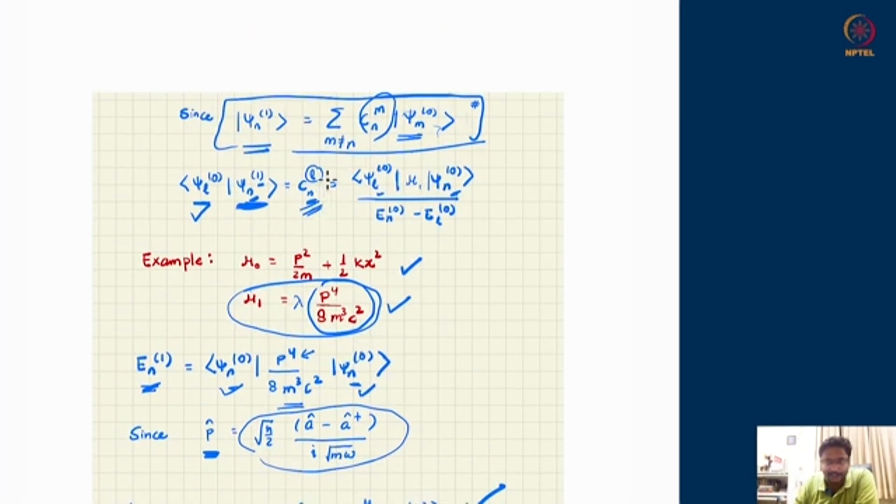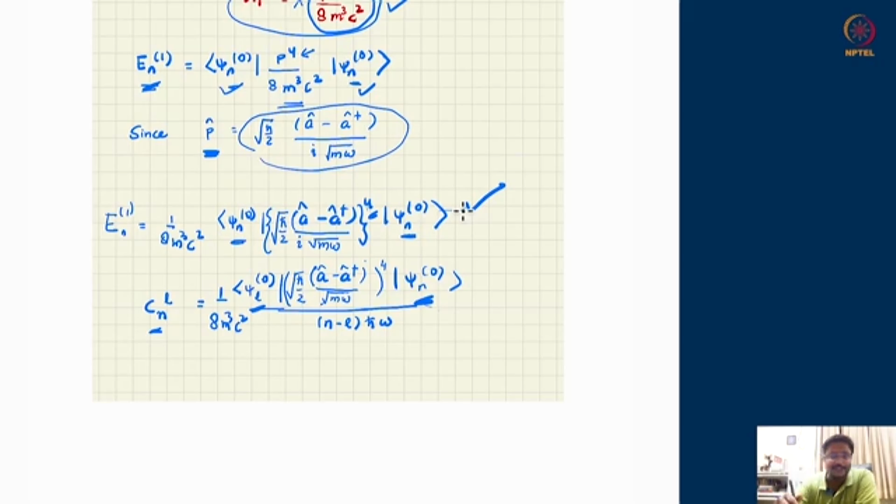In the harmonic oscillator, the energy difference is just (n minus L) times h bar omega, and upstairs I have the fourth power squeezed between psi n0 and psi l0.